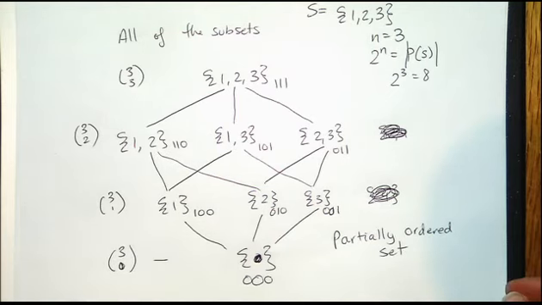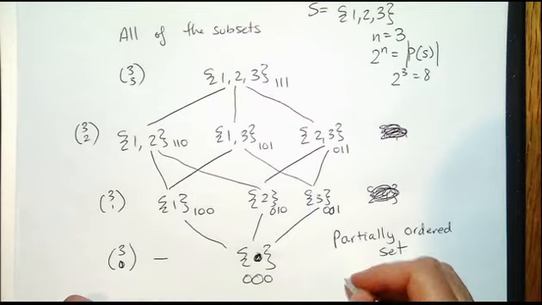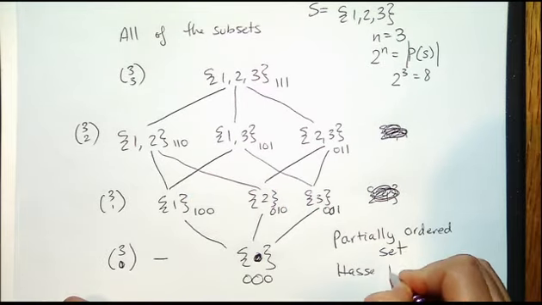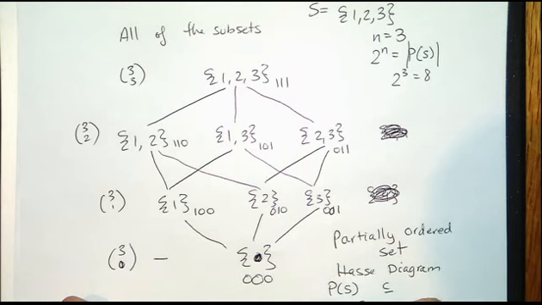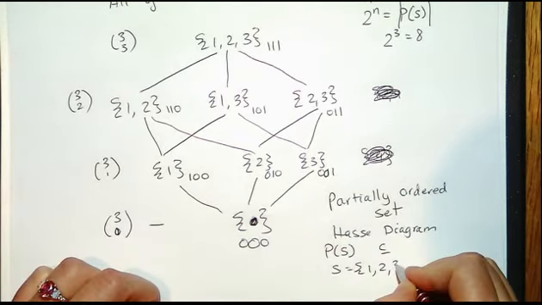Okay. So this is a Hasse diagram for the power set of S and the subset relation, where S is equal to the set containing 1, 2, and 3.